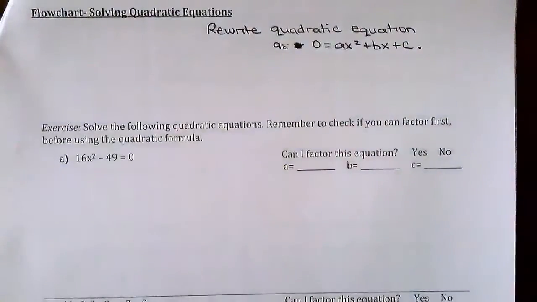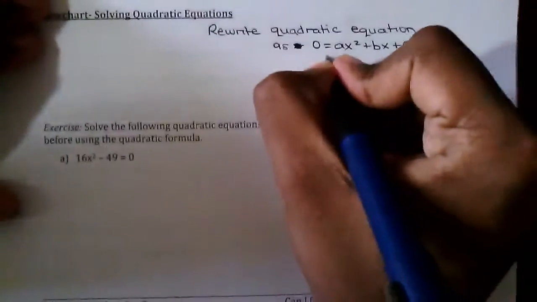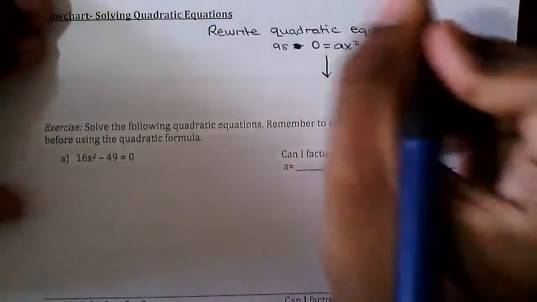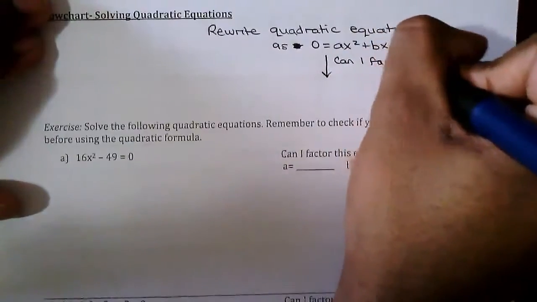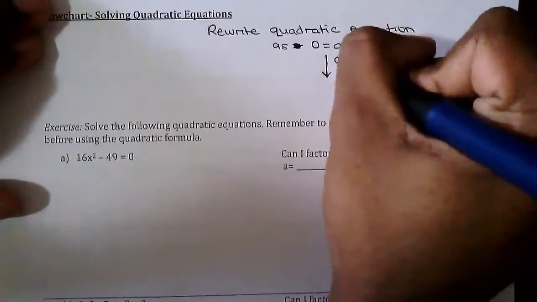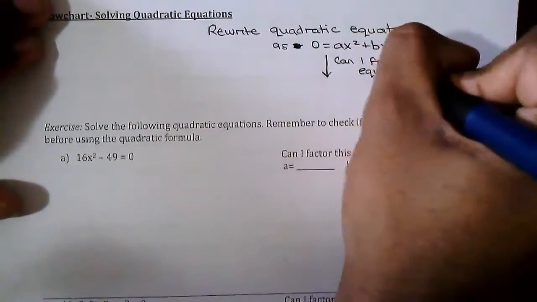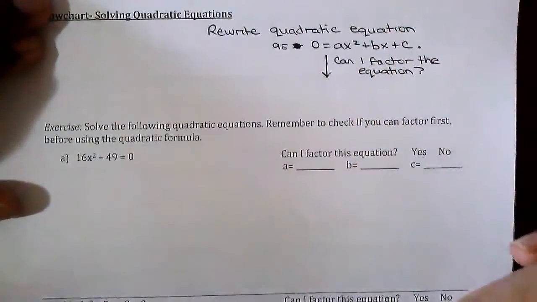So you're always bringing everything to one side, simplifying it as much as possible. The question you want to ask yourself is, can I factor the equation? So that's always, remember, the first thing you're going to try, factoring it.